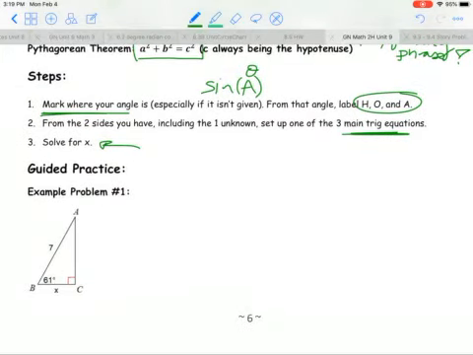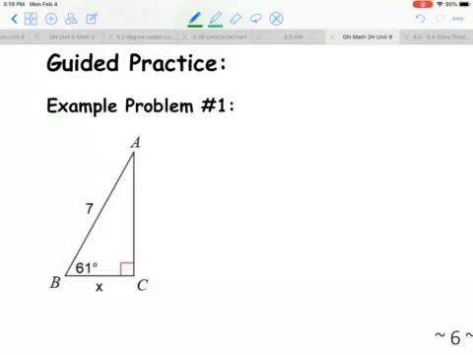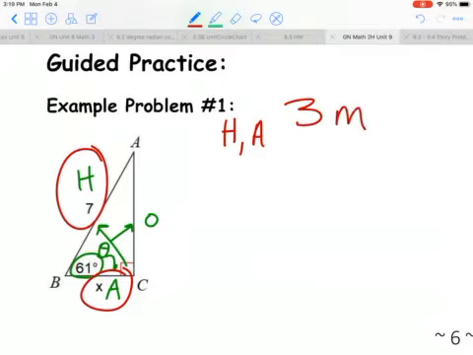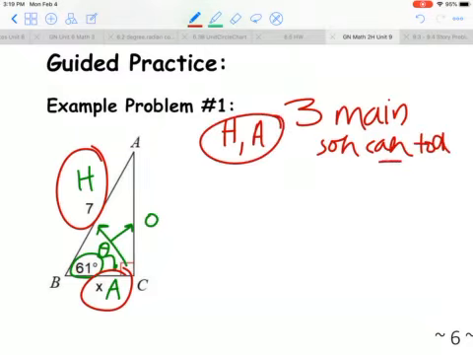So in this first example problem, we've got the right angle, so that's H. We're looking at this given angle, so that's theta. So across from that is O, and touching it is A. So if you notice, we have H and A. And out of the three main ones, SOHCAHTOA, H and A is right there, so we want cosine.